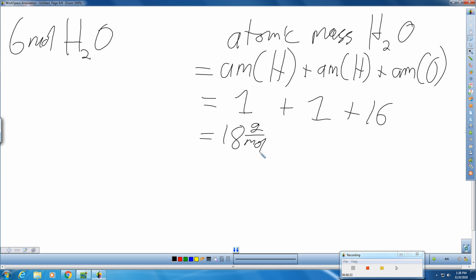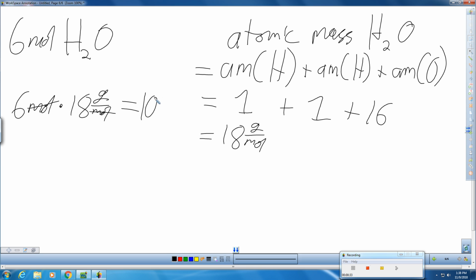All right, so I have 6 moles. Multiply by 18 grams per mole. What cancels? Moles cancel. Cool.